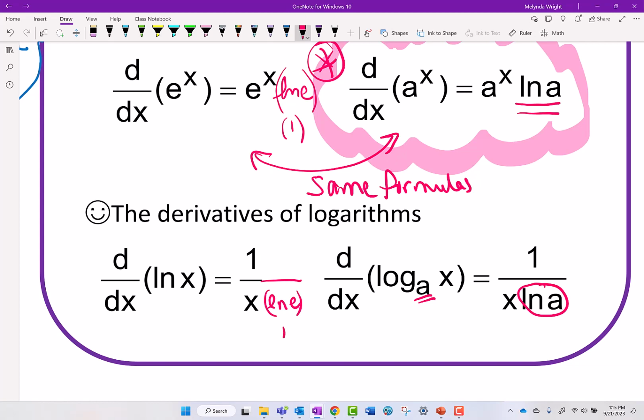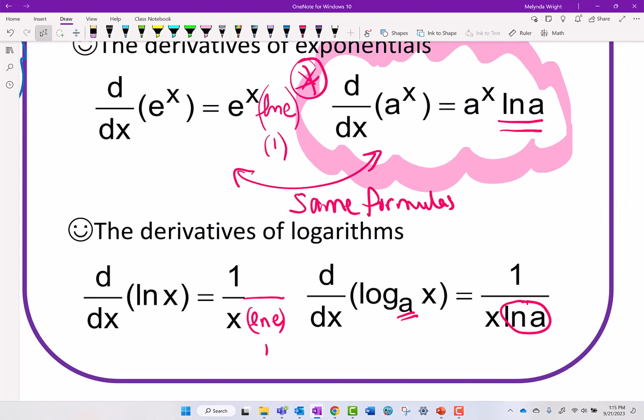I hope you notice the similarities between the exponential and the logarithmic derivatives, and that is they involve natural log. Either you multiply by natural log in the numerator like this one, or you multiply by natural log in the denominator like this one, but they both involve natural log.